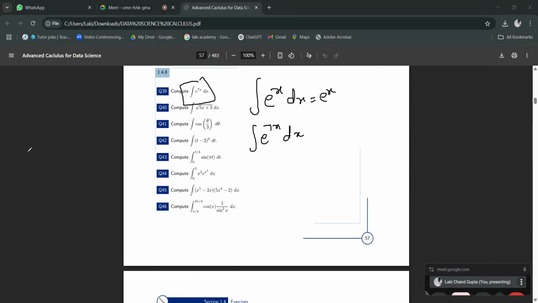So I already told you, consider 7x as u, right? u or t, anything. You can take any variable other than x. Suppose you are taking p, no problem. Now differentiate p with respect to x. You will get 7, right? So dx becomes what?